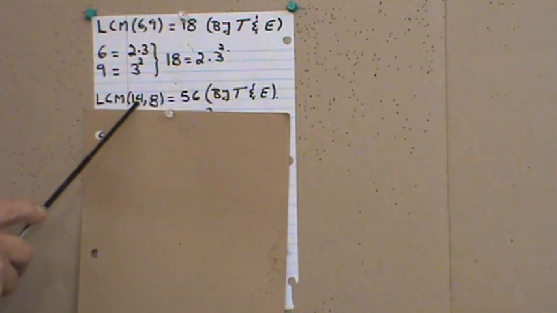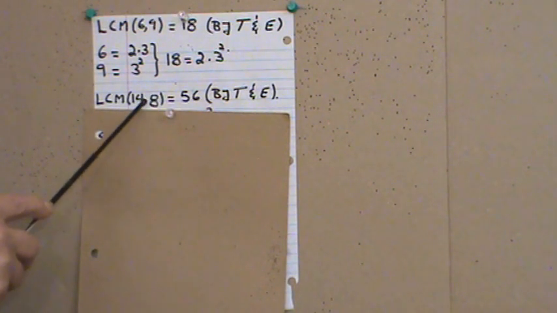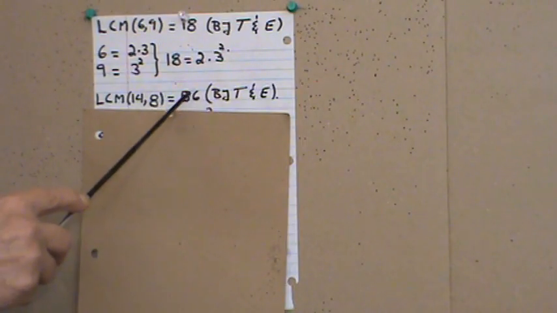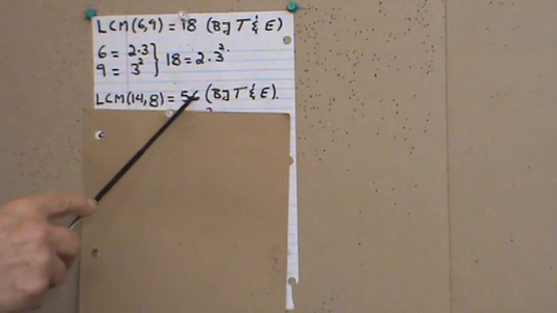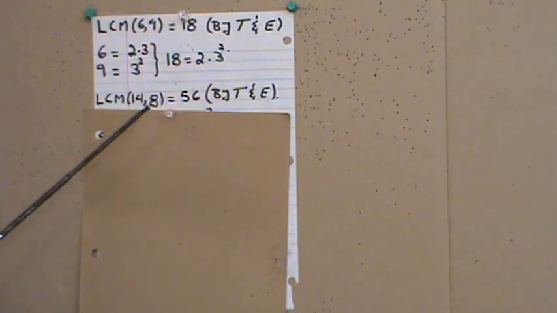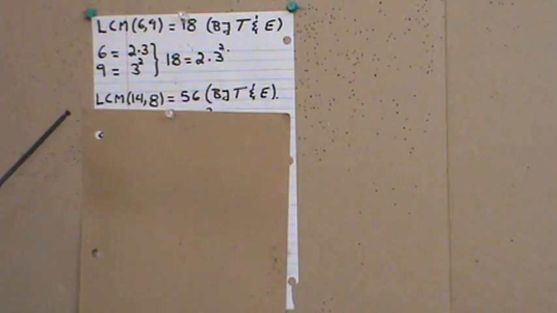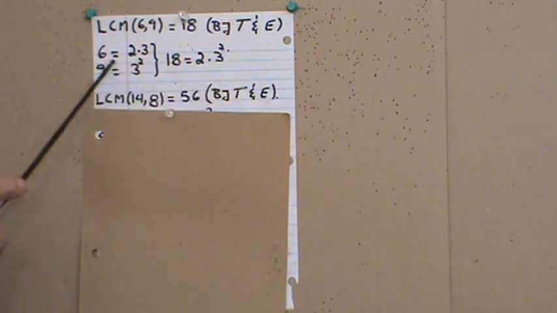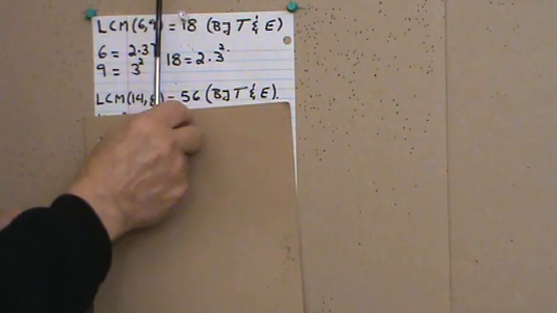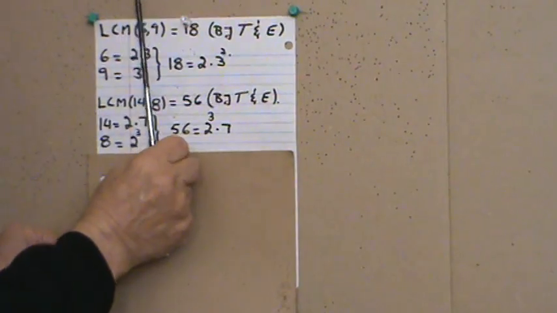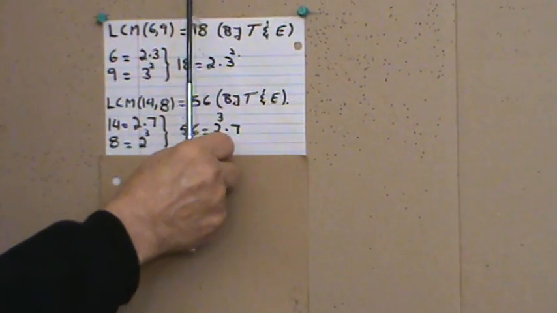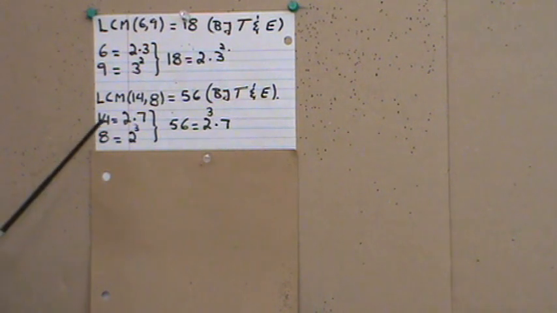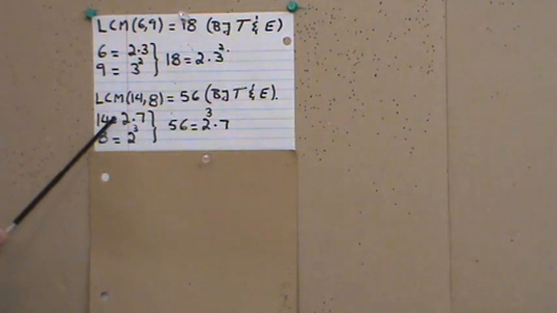Now I go and find the prime decomposition of 14, of 8, and of 56, and I see if there is any kind of relation, if it's going to give me some kind of hint so that I can apply it to the harder problem, as I did here. So I come back to this in a minute. Now when I do that, look what happens. 14, the prime product of that is 2 times 7.